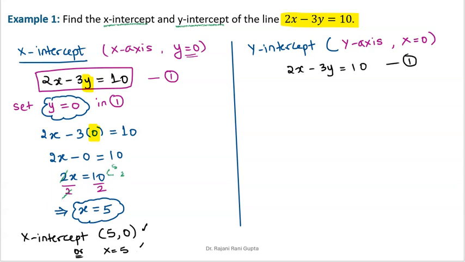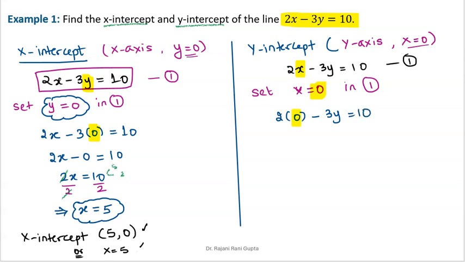Let this be equation number 1. And then substitute x equal 0 in equation number 1. So you will be changing only this x by 0. Don't change anything else. So this gives you 2 times 0 minus 3y equal 10.